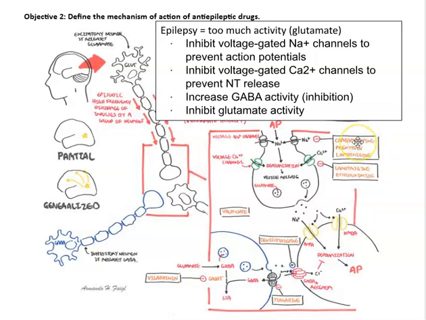Okay, and hopefully what you were able to see from this image is that these 3 are going to inhibit the voltage-gated sodium channels, so that's going to be number 1 or A. These 2 are going to inhibit the voltage-gated calcium channels, so that is going to be number 2 or B. And then the benzodiazepines and this tiagabine, I'm not 100% sure how to pronounce that, and this one over here, all 3 of these are going to increase the GABA activity, doing it in different ways.